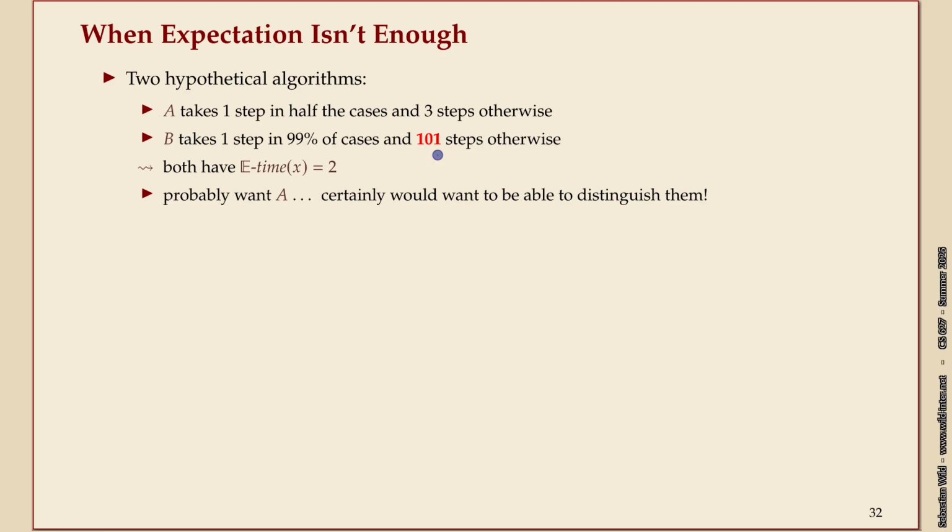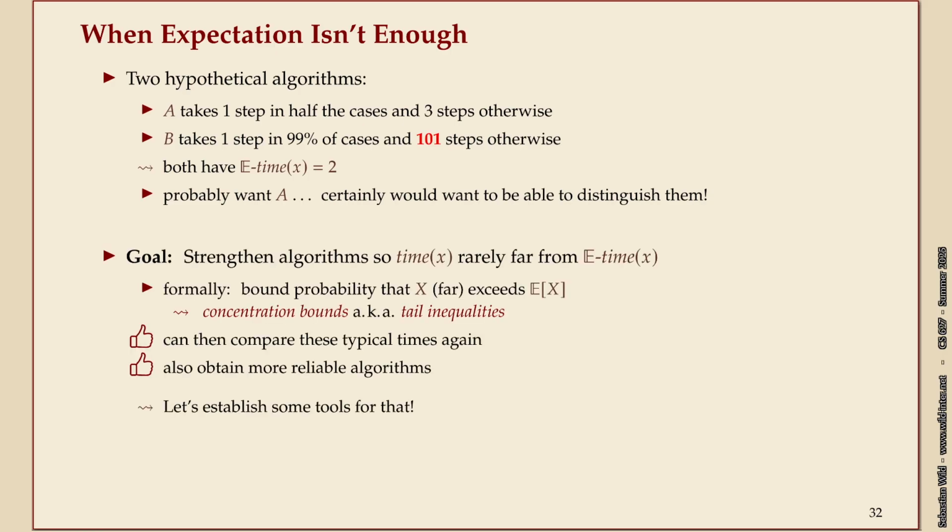Now, it's actually an interesting question which of the two you would want to use in practice. But certainly the expected value being the same is kind of annoying because we can't even distinguish that they are doing different things. And I guess the second algorithm is not so great because it'll always be slow in the time when you use it, where you require some quick answer. So we probably prefer algorithm A, but expectation certainly doesn't tell us.